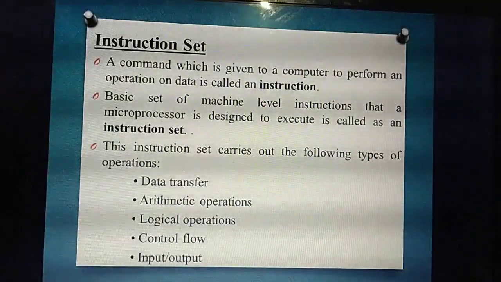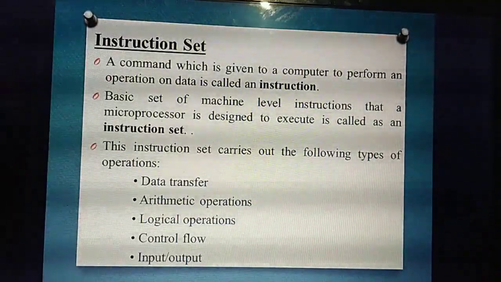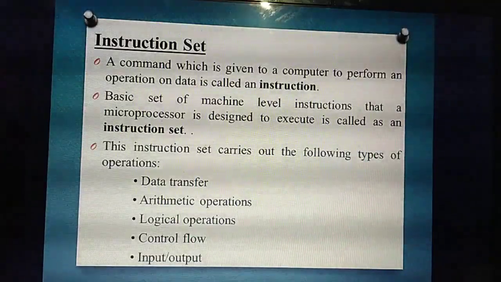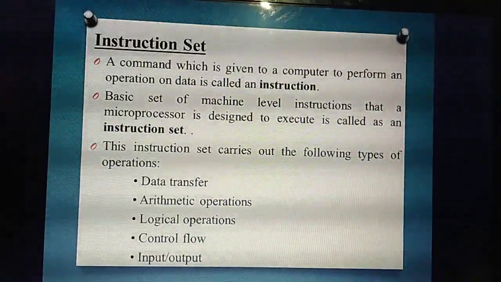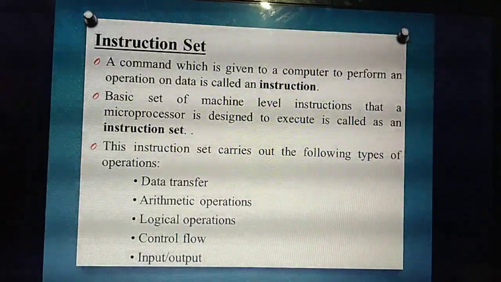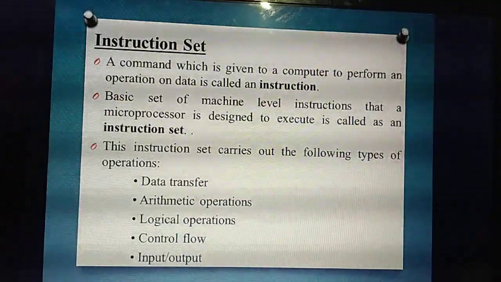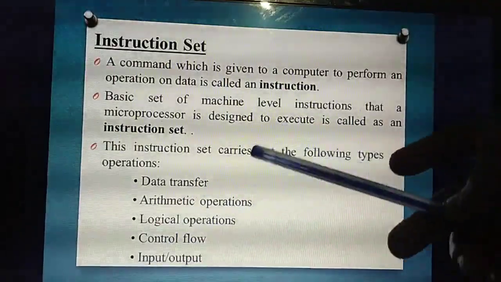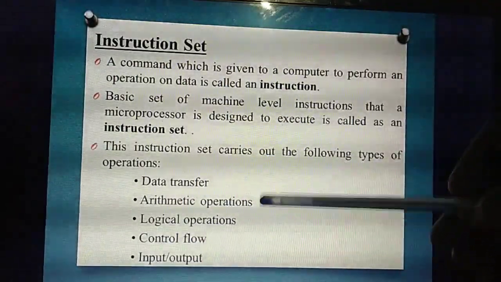So this instruction set has particular operations. What are the types of operations that can be done by a particular instruction set? Listen, these are the operations carried out by the instruction set.